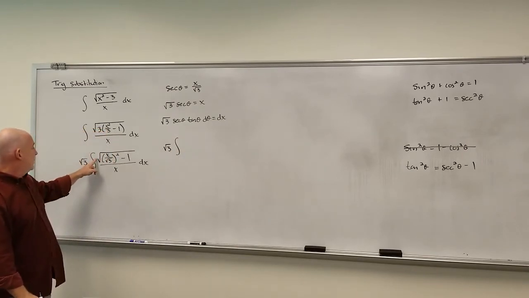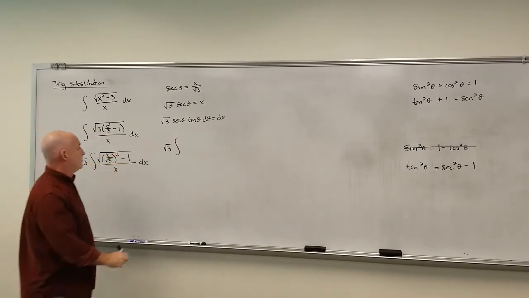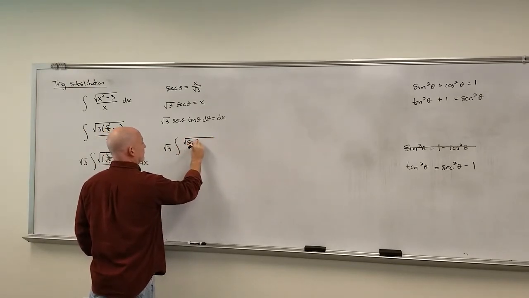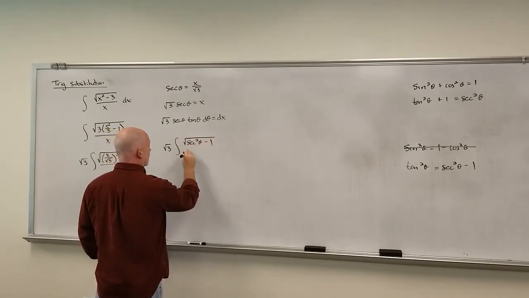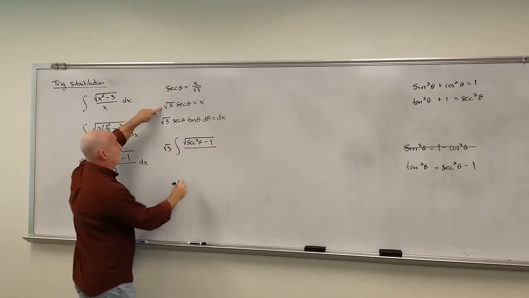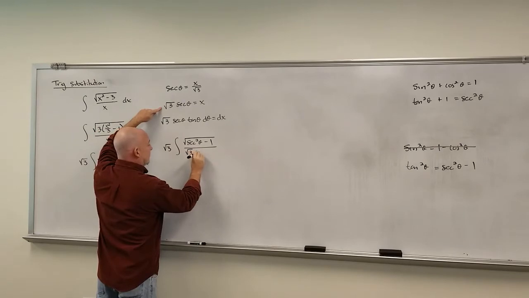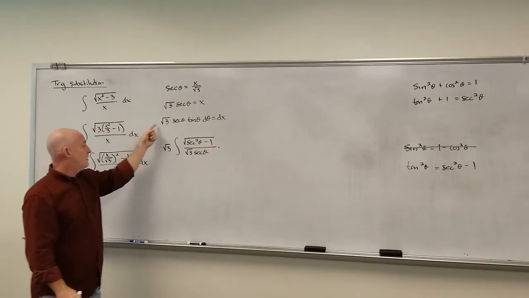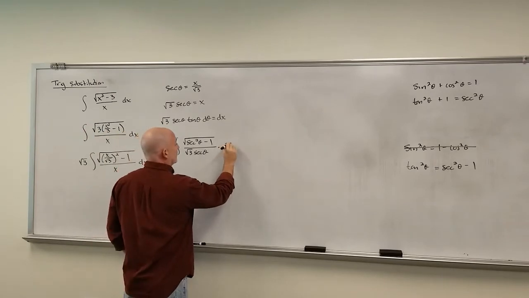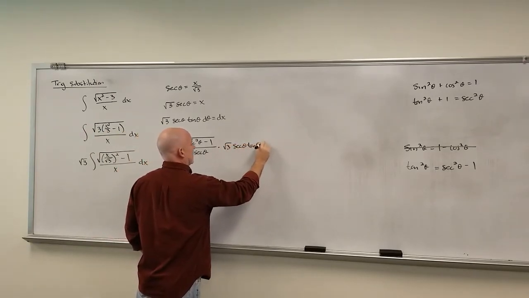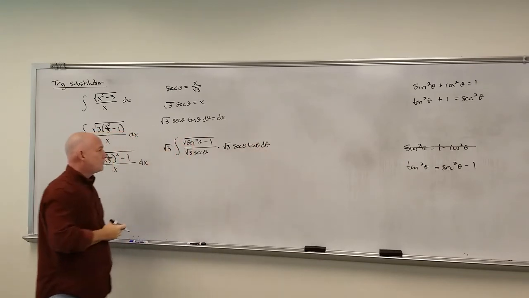This is going to be the square root of secant squared theta minus 1, all over x. From here we can see x is the square root of 3 times the secant of theta, and dx is the square root of 3 secant theta tangent theta d theta.